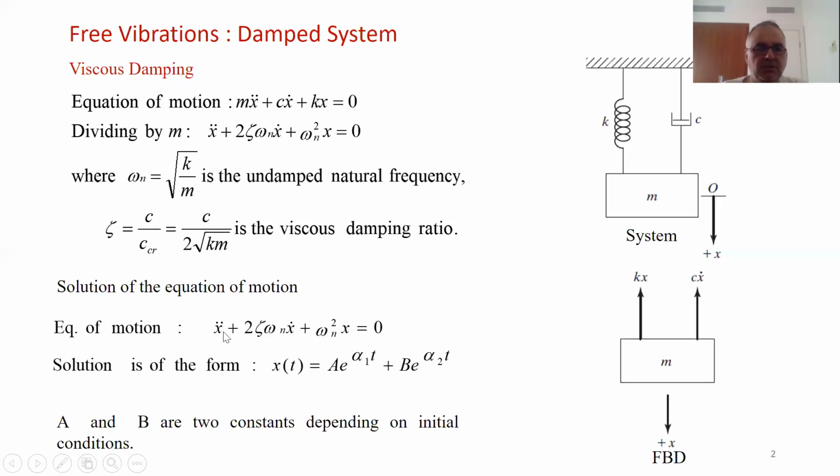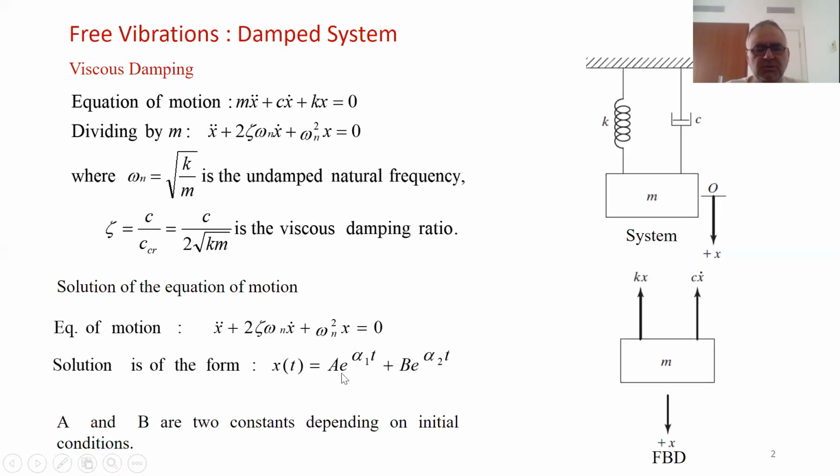We will see its consequences. So we have the equation of motion in the non-dimensional form written as such: x double dot plus 2 zeta omega n x dot plus omega n squared x is equal to 0. Now this is a second order linear differential equation, which can be solved.